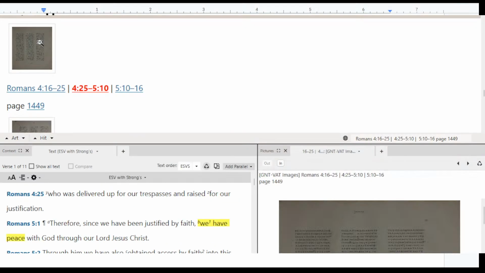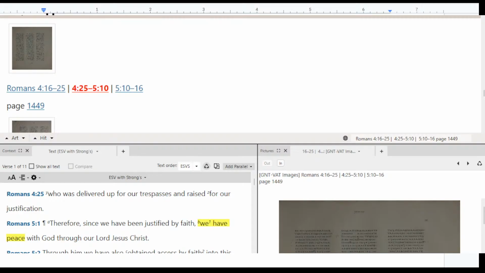Why did it do that? Let's go full screen here. I guess I've got to switch this. There's a pop out, and I don't know why it's not letting you see that.